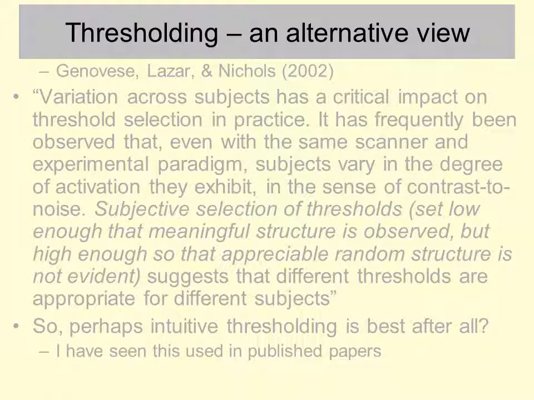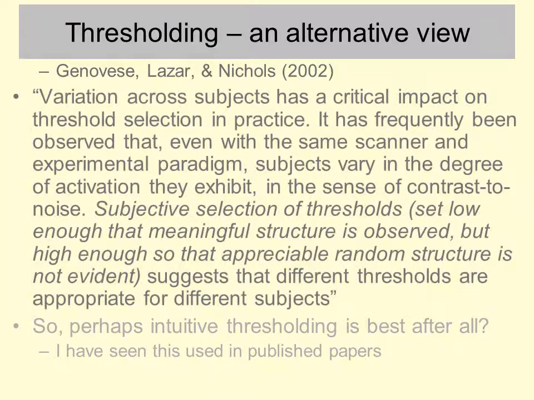Right, for the final part of this lecture, I'll talk about a slightly alternative perspective on the thresholding issue. Genovese, Lazar and Nichols, quite respected neuroimaging methodologists, have gone on record with this quote: "Variation across subjects has a critical impact on threshold selection in practice.